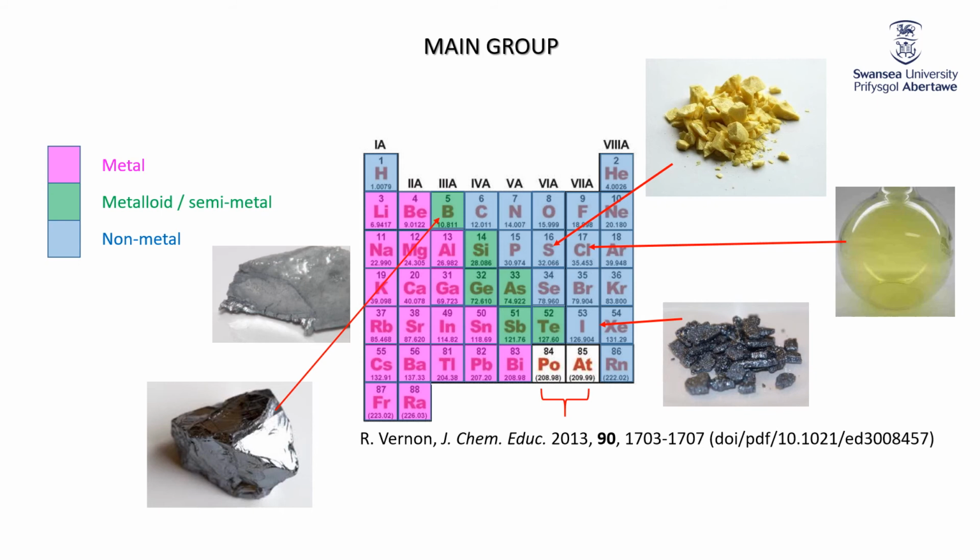So I'm not going to talk further about those in the main group course, but it would be worth you going and pulling out that article. In fact, I think I might link it to the Blackboard shell and just reading through it to have fun with the debate about what are those. Anyway, very, very important that you're happy with the metal, metalloid, non-metal distinctions around the periodic table.